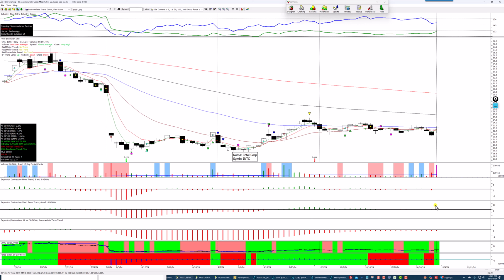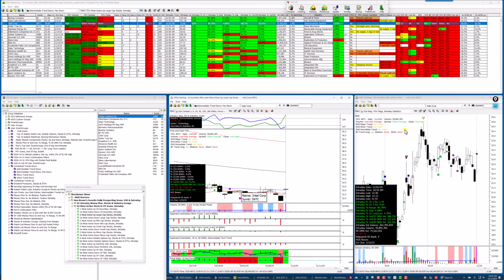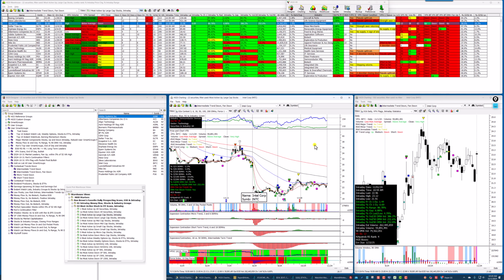These are all slightly below their center line, because look how this has been basing for months now, or weeks anyway. But it meets the criteria of the intermediate trend down and fan down. I'm going to do one more, and then I'm going to end this video.